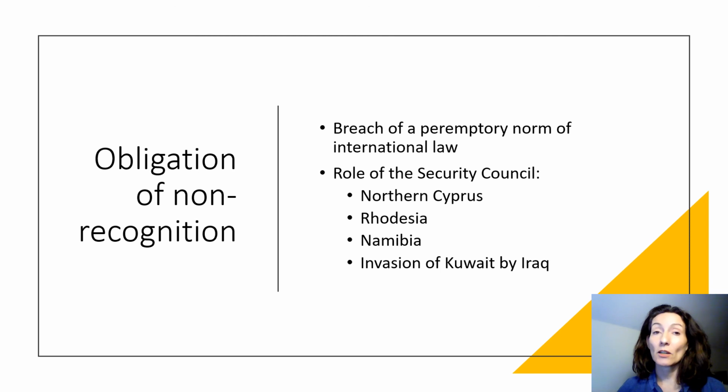In this area of recognition of states, again, the role of the United Nations Security Council has reinforced this obligation for specific scenarios, and it has approved resolutions by which it made illegal the recognition of some territories as states, for instance, in the case of Northern Cyprus, Rhodesia, Namibia, or also in relation to the invasion of Kuwait when it was occupied by Iraq.